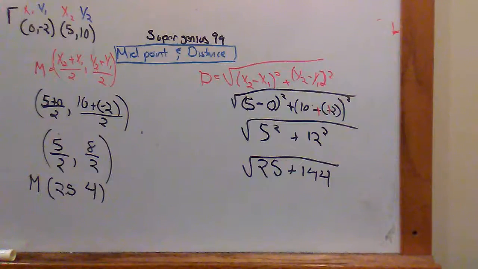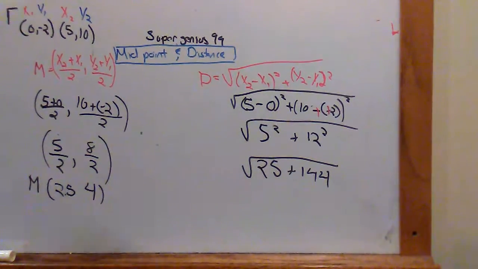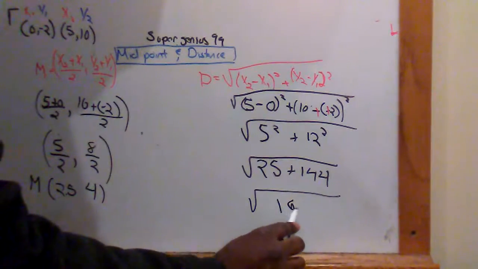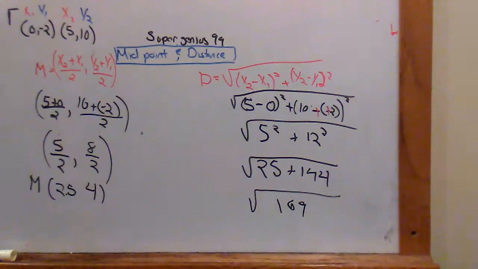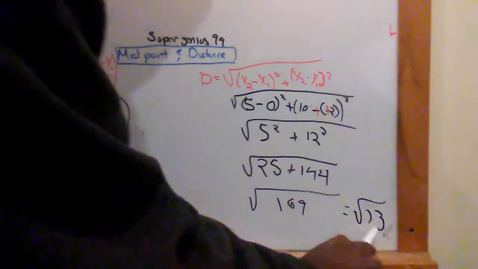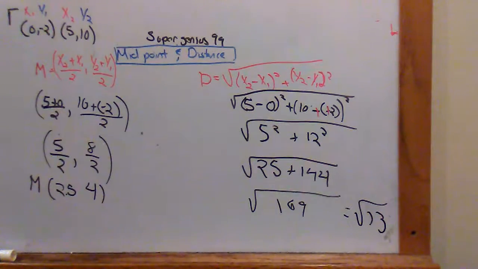Add the two up, and what do you get? And just like most textbooks, they give you the square root of 169. They start you off easy. They give you a perfect square. So what times what gives you 169? You can probably guess, right? Okay, and that is our distance.